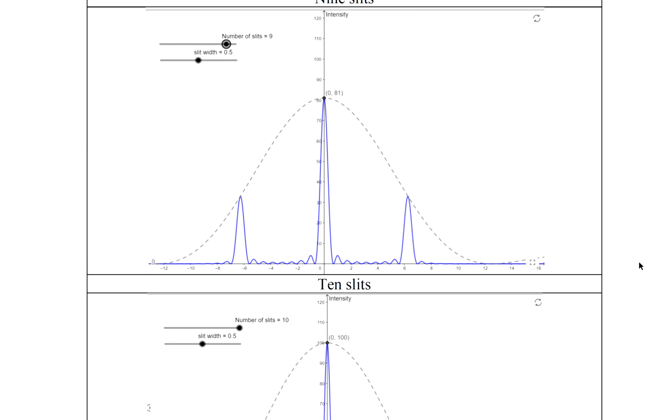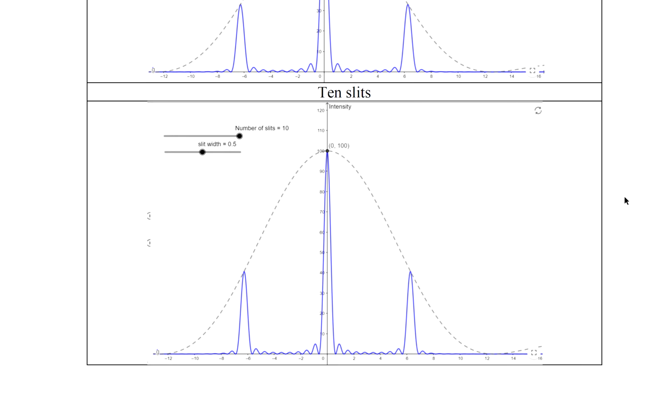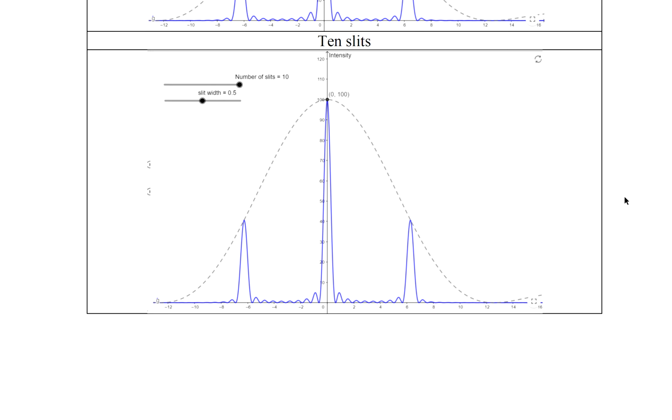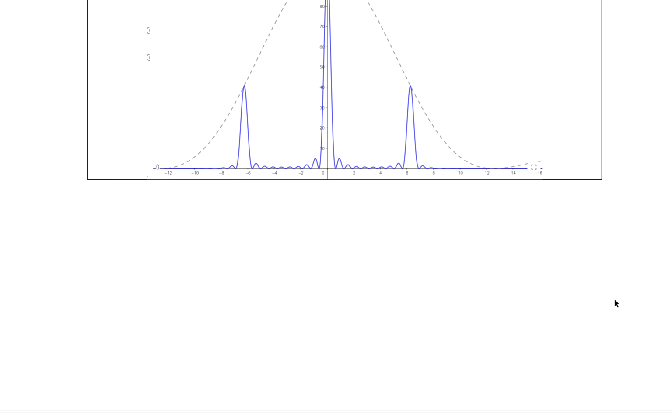So 9 minus 2 is 7 secondary maxima between the two primary maxima. Finally, if we have 10 slits, in an earlier video we had 1 slit, then in another video we had 2 slits, and now this is 10 slits. For 10 slits, we have 10 minus 2, we have 8 secondary maxima.